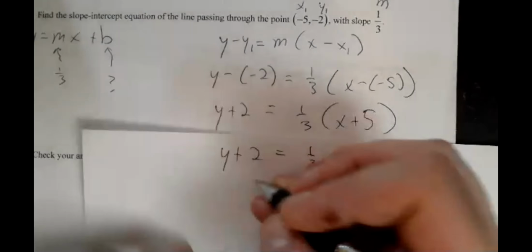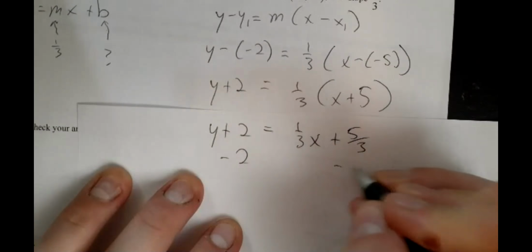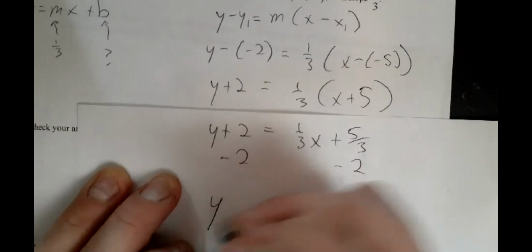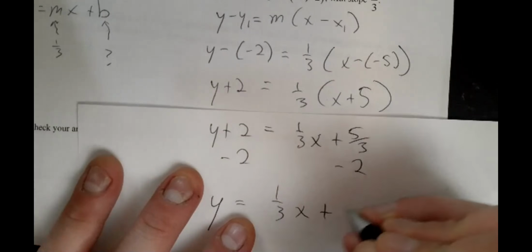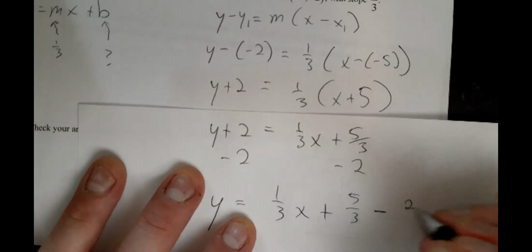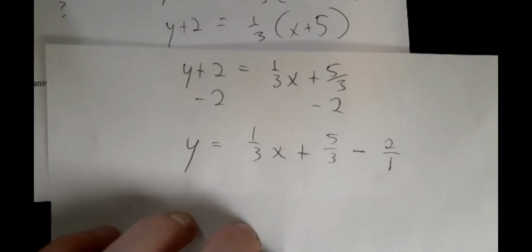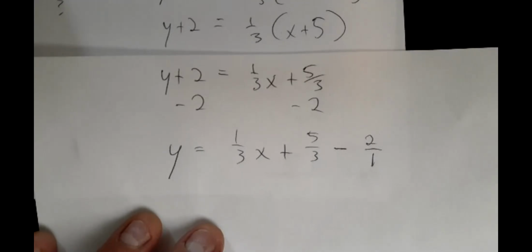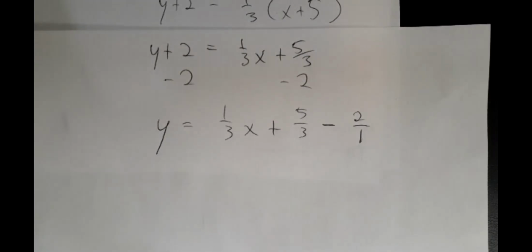And now what I have to do is subtract 2 from each side. So this side is going to be y. This side I've got to do a little bit of thinking on. This is plus 5/3. I want to subtract 2. I'm going to go ahead and put that over 2/1. So I'm subtracting 2 from 5/3. How do I do that? I have to find a common denominator, which is 3.